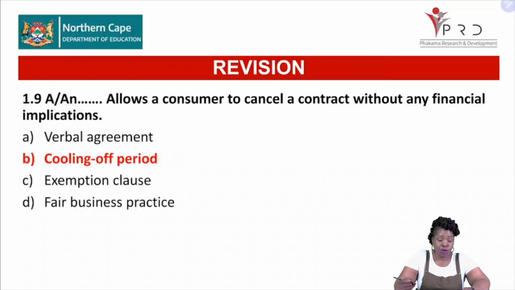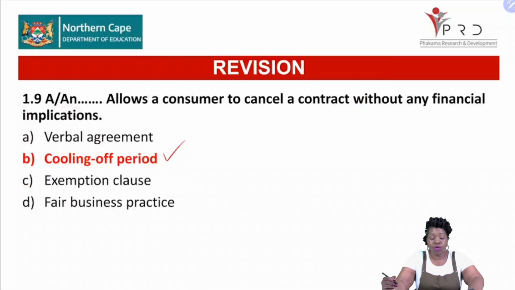Right, let's move on to 1.9, which says a dash allows a consumer to cancel a contract without any financial implications. We call that the cooling off period. I'm sure you still remember, learners. The cooling off period allows 5 working days for a consumer to cancel a contract without any financial implications or explanations.